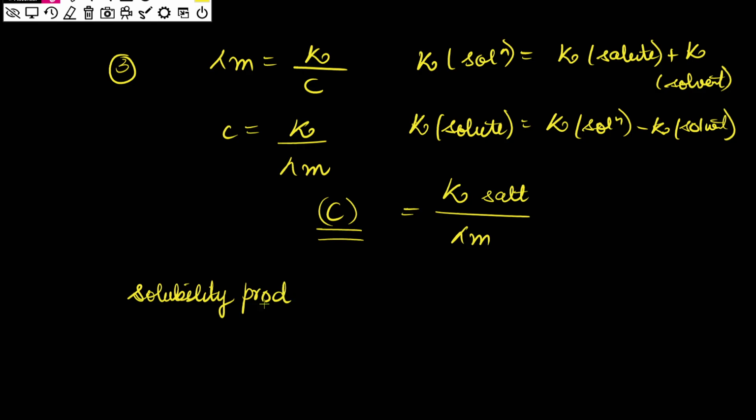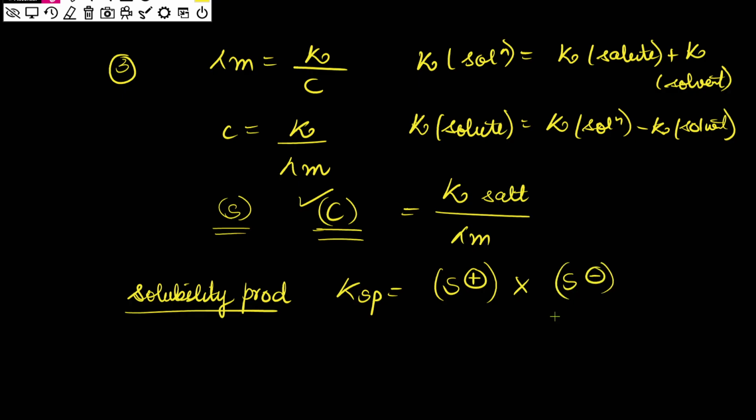Always remember that the concentration of the solute and the solubility of the solute are one and the same thing, just alternative forms. So the solubility product, also referred to as Ksp, is the solubility of that particular cation multiplied by the solubility of that particular anion. You can just replace this C with S and get your solubility also.